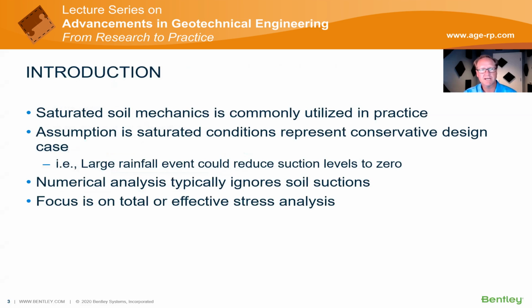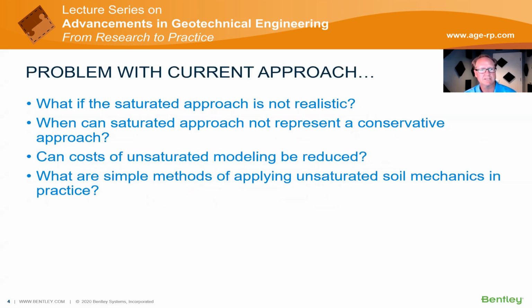Saturated soil mechanics is commonly utilized in practice, as has been mentioned by some of the people commenting. The assumption is that saturated conditions represent a conservative design case, i.e. a large rainfall event could possibly reduce suctions to 0. And so typically our numerical analysis ignores the effects of soil suction and focuses on a total stress or effective stress analysis.